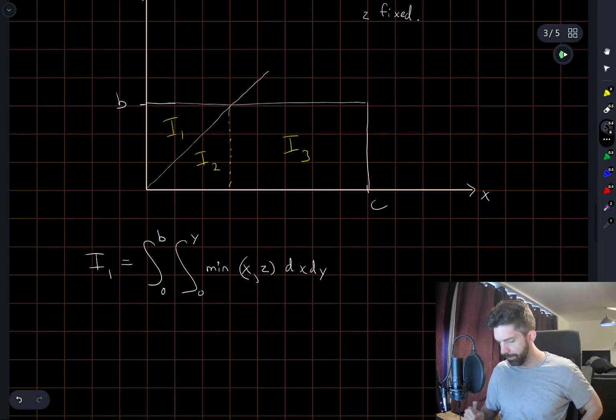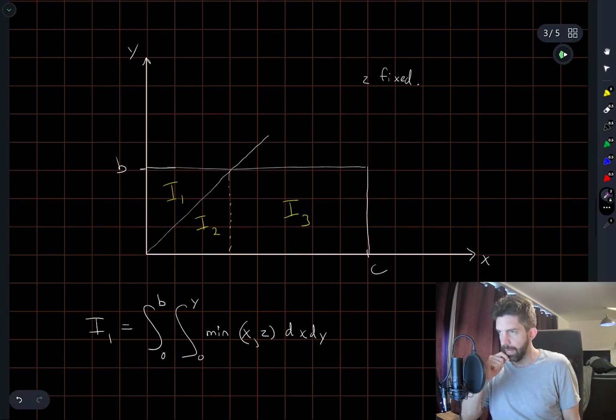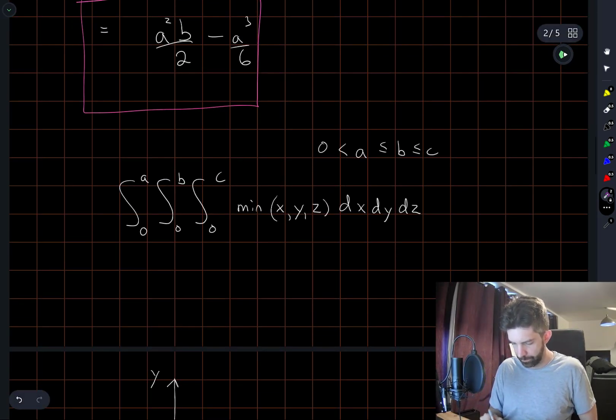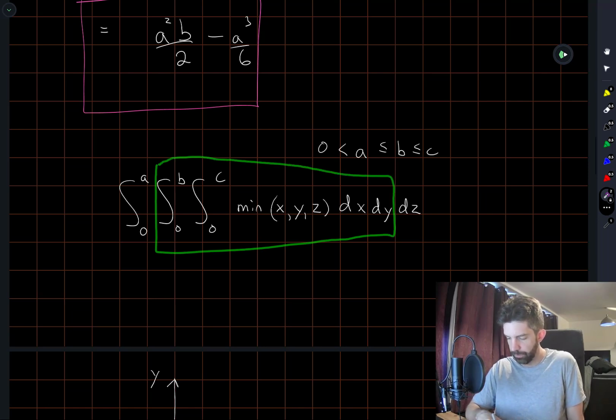Okay, so I'm going to follow through with the idea of trying to evaluate that. So I'm going to fix z to be some value.